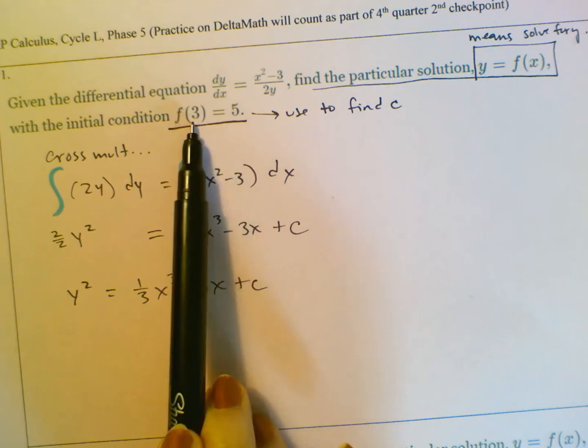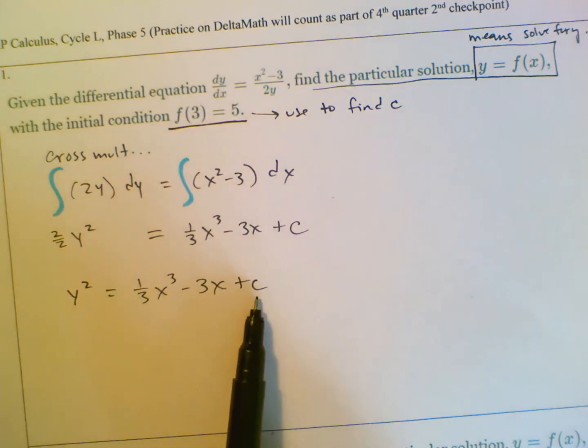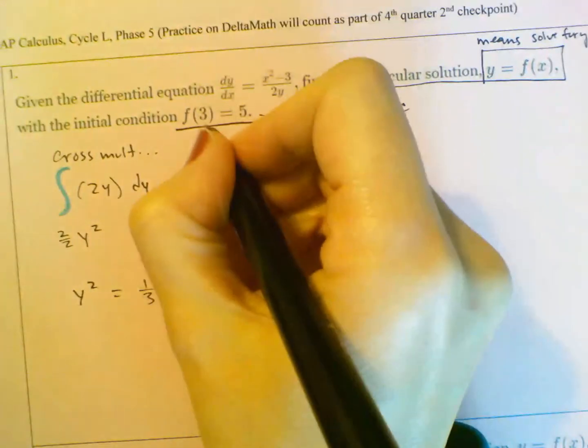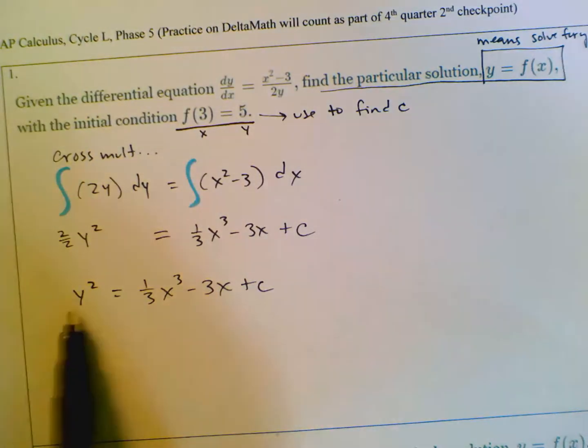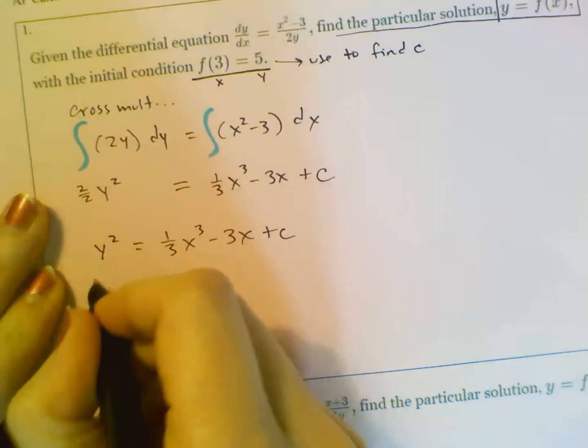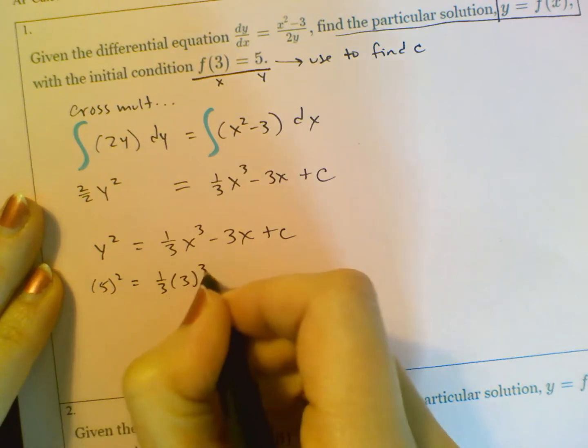That an x value of 3 corresponds to a y value of 5. That's only going to be true for a certain value of c. So to find that value of c, we're going to plug 3 in for x, 5 in for y right here. So this ends up being 5 squared equals a third, 3 to the third.